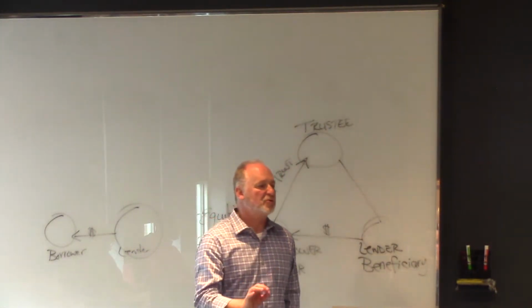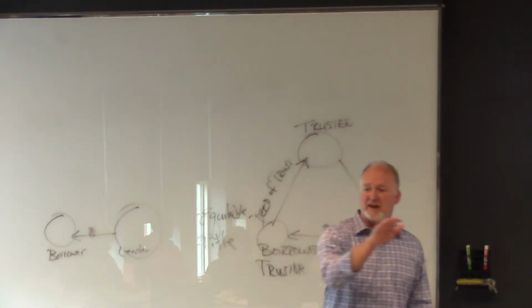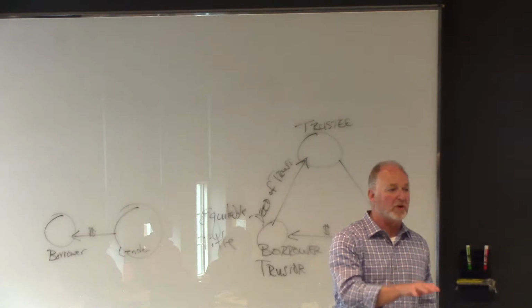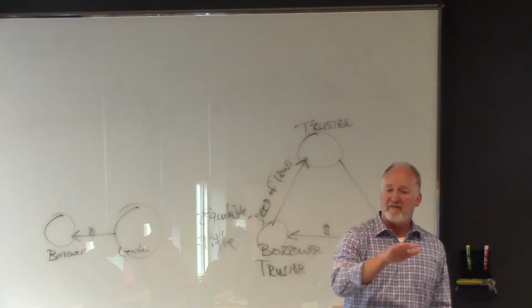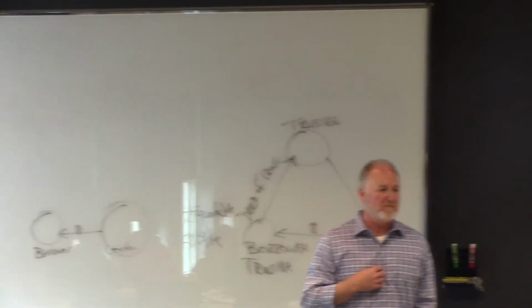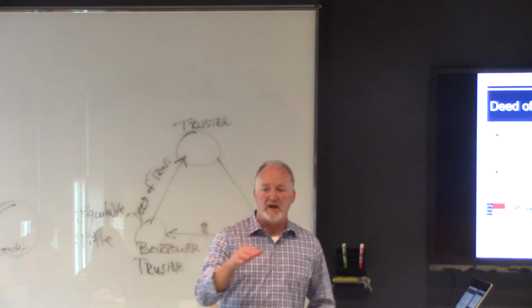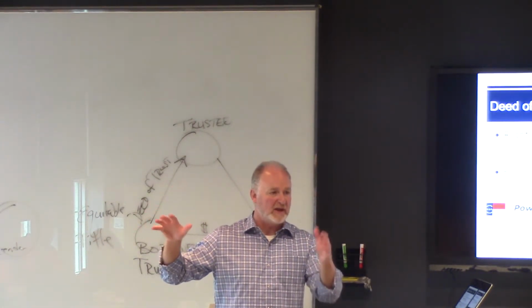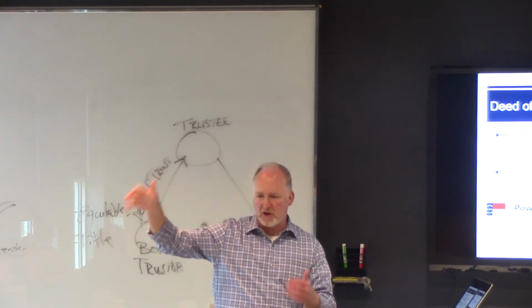Now, the reason it's non-judicial is, here's what happens. The trustee goes and does an administrative procedure in front of the clerk of court. Not a judge, but in front of the clerk of court. You have actually probably all seen that administrative proceeding before. Have you ever walked into a courthouse and seen on the bulletin board in the lobby all these papers stuck on the board? Those are public notices.